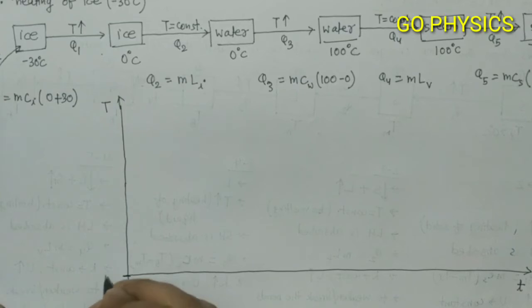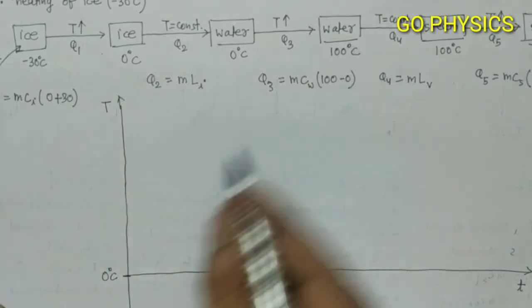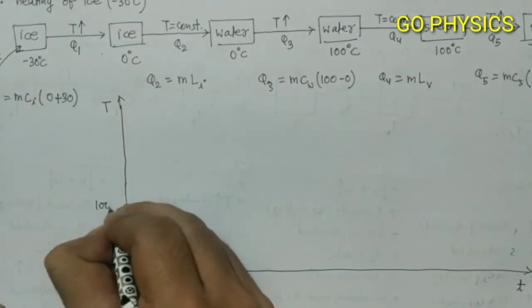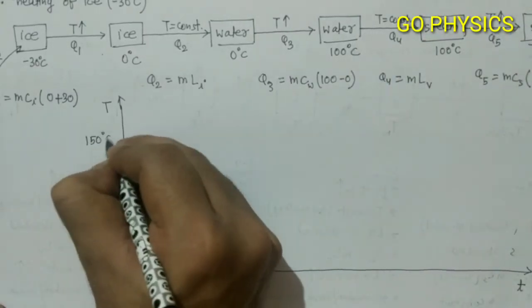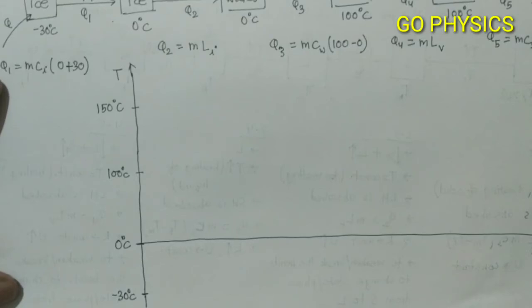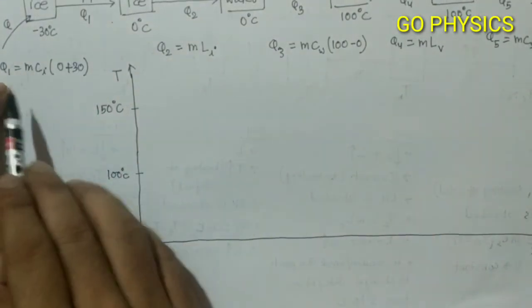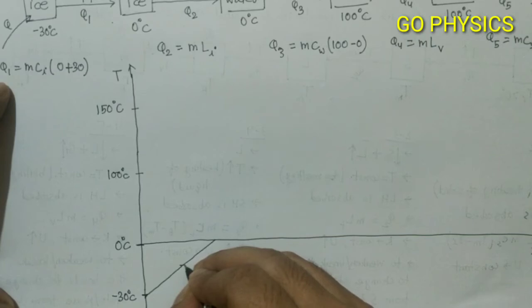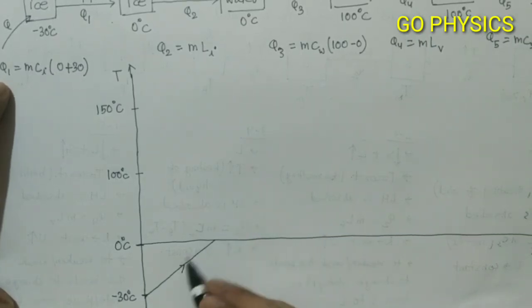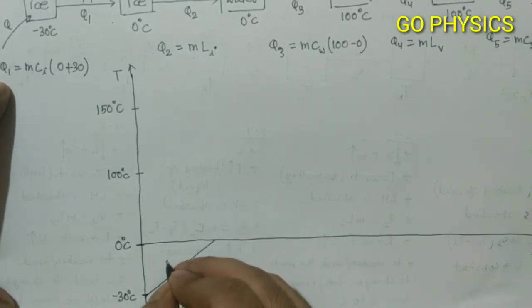After that we have 0 degrees Celsius. After this we have 100 degrees Celsius. After this we have 150 degrees Celsius. Since Q1 is sensible heat, we will get a straight line. This is our Q1.